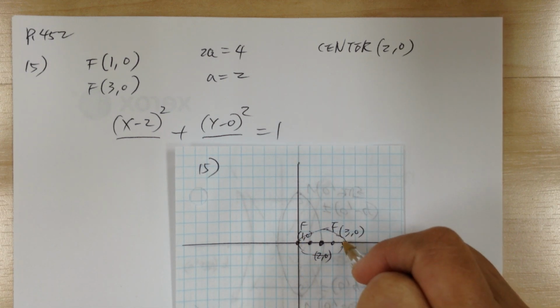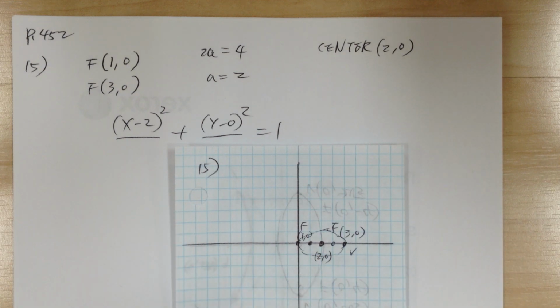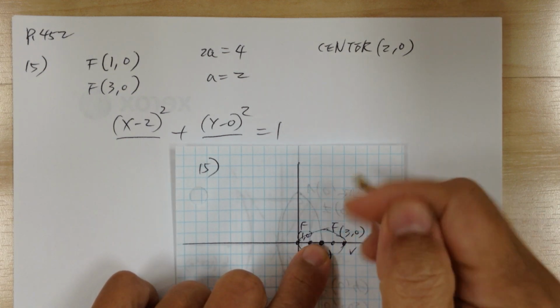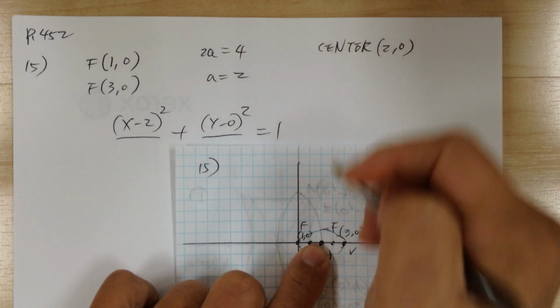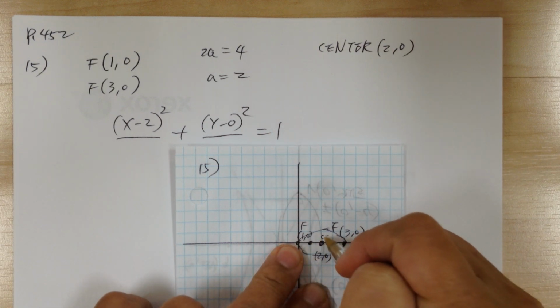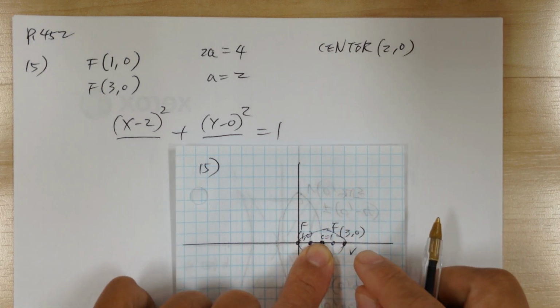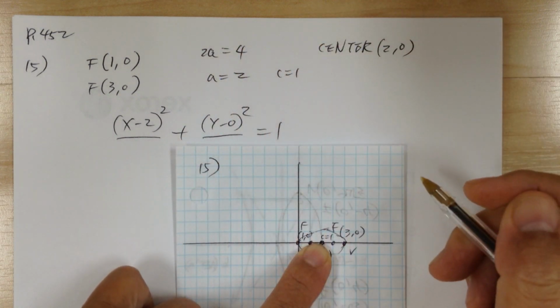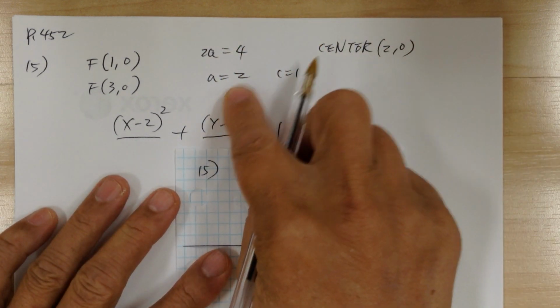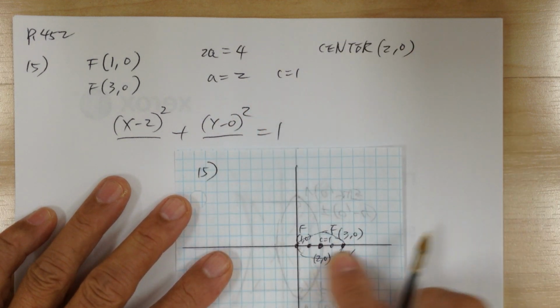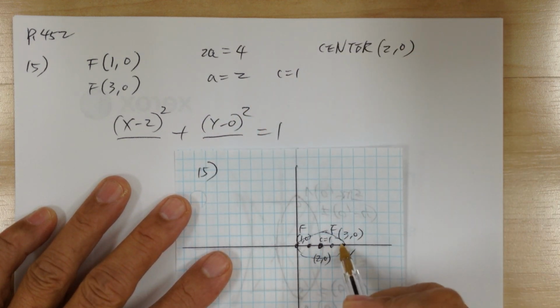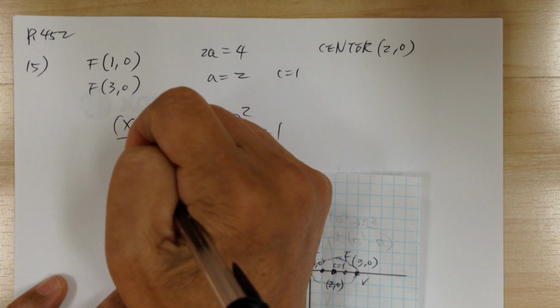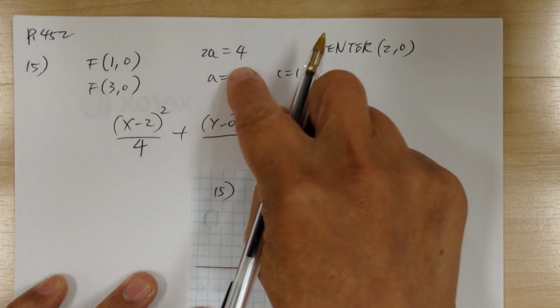Okay, but anyway, from here you can see that a equal to 2, but c equal to 1. So that's your c equal to 1. So a equal to 2, so you square that. This is in the x direction, so again, a equal to 2, you square that, you put under the x. So that's your a squared.